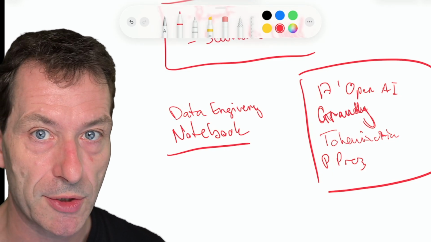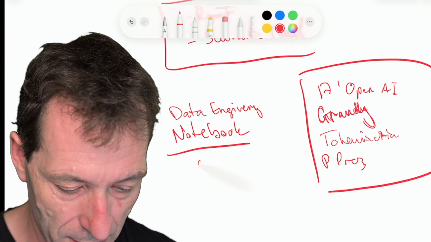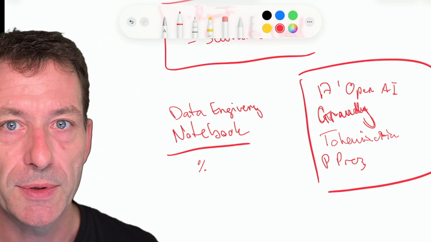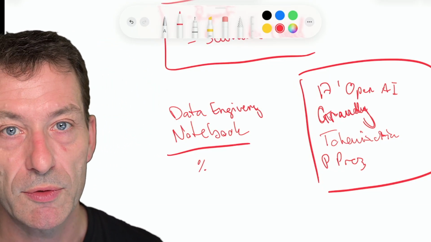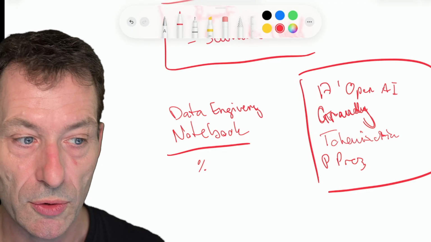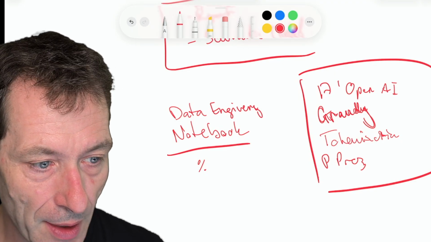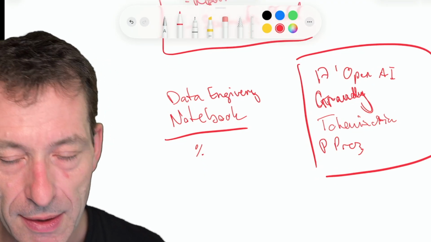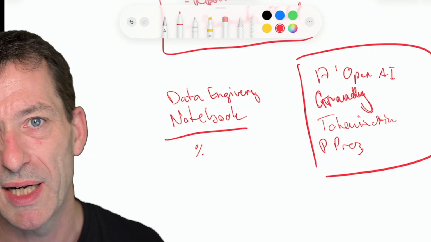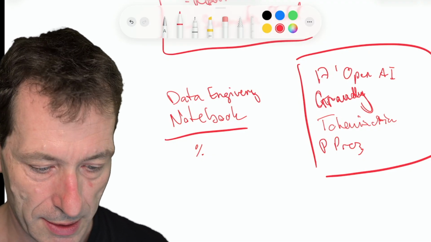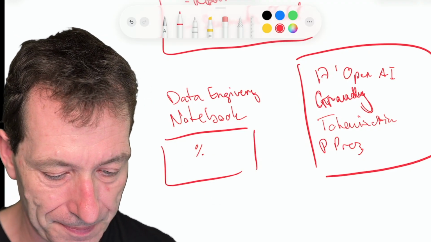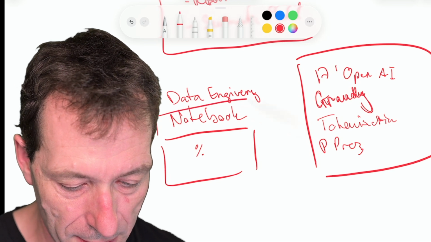You have the chat magic, where you can use magic commands. You can, for example, ask the large language model to comment code or to explain your code. There's chat magics, and you have inline code completion, as you might know from Visual Studio Code, and so on. So this is the data engineering experience with notebooks.